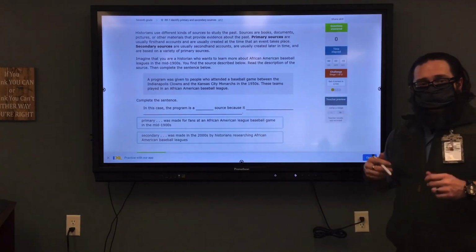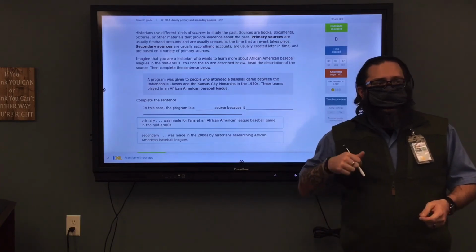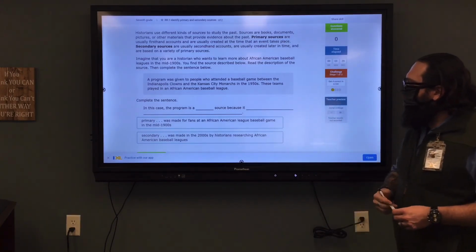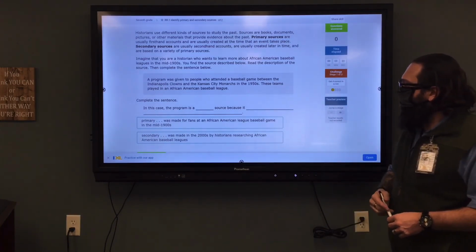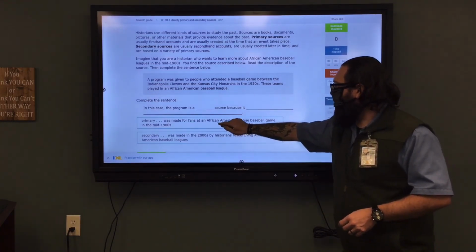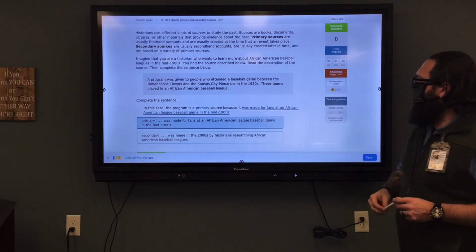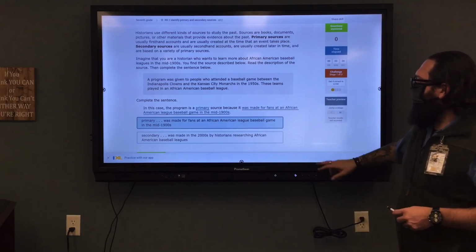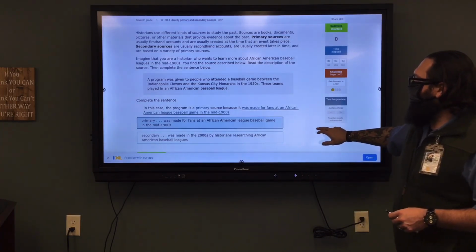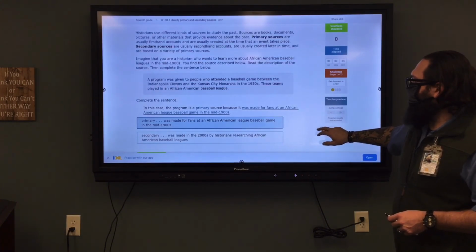Since it was created in the 1950s and given out during this game, we can conclude that this was a primary source. So the program is a primary source because it was made for fans at an African American League baseball game in the mid-1900s.